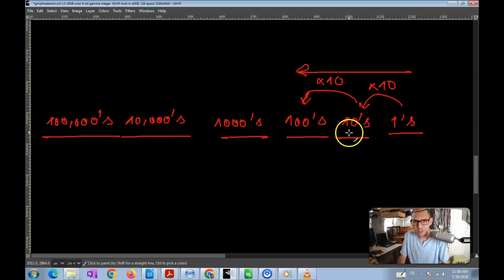So that's basically how you write your numbers in the decimal number system, which is the system that we use in mathematics and among humans. There are, of course, other number systems like the binary number system, the octal number system, the hexadecimal number system, and so on and so forth.